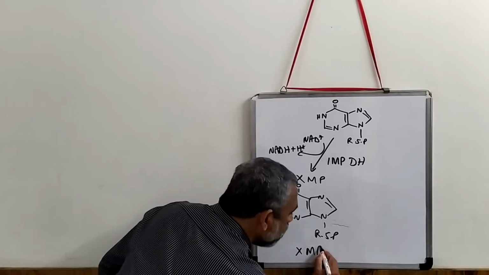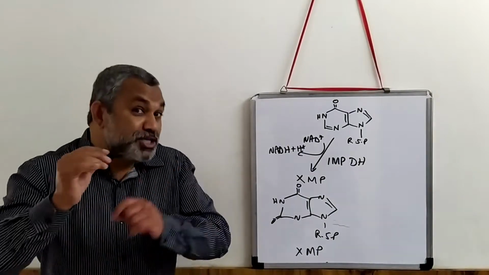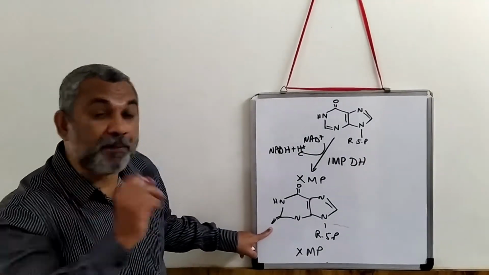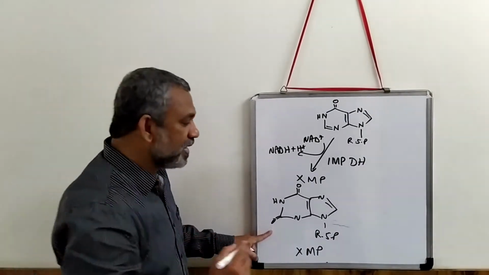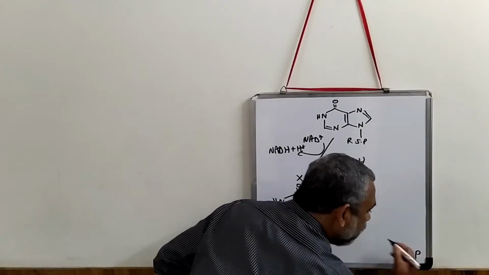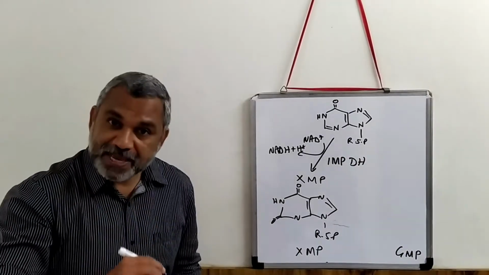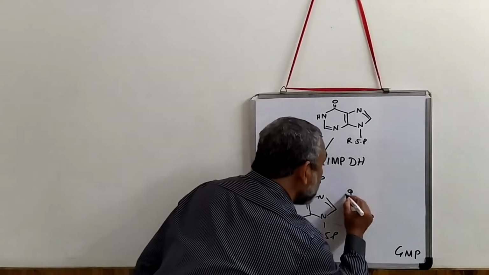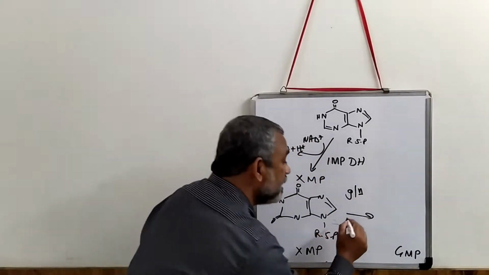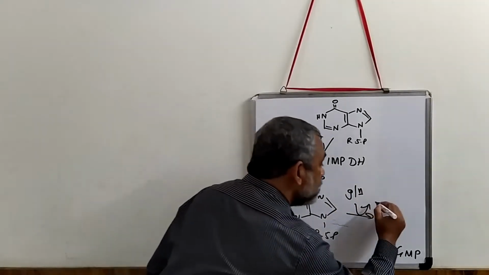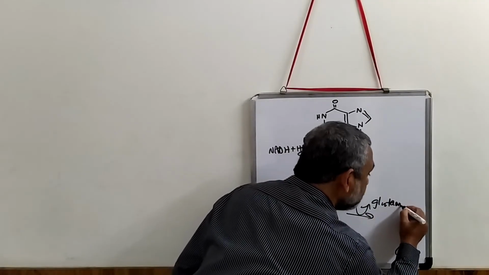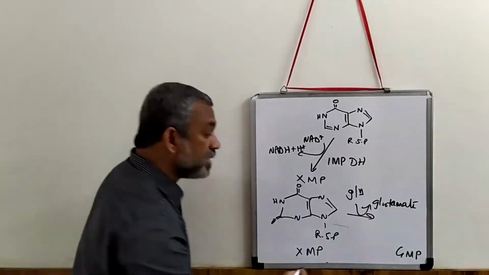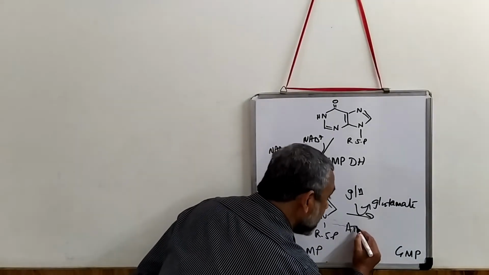This is xanthine monophosphate. Once you have xanthine monophosphate, the next step is to introduce an amino group there, and you will get guanosine monophosphate. Who will be the nitrogen donor? Glutamine will be the nitrogen donor. An amino group is added and glutamate is removed, and this enzyme requires hydrolysis of ATP.